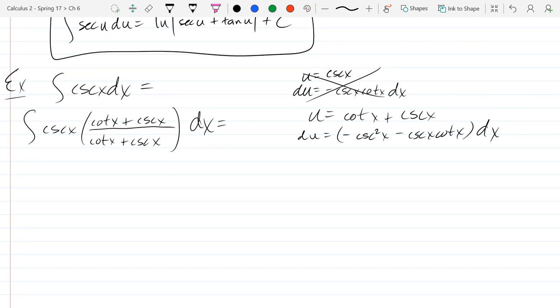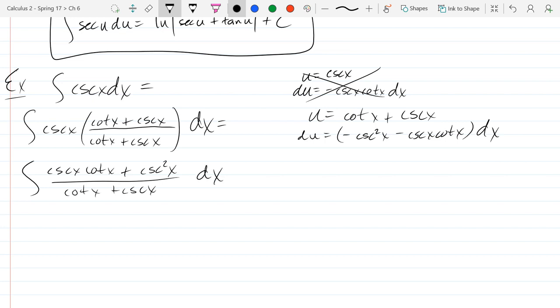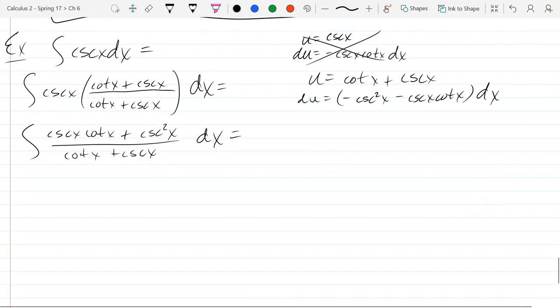I do see a cosecant. So if I distribute the numerator, we get cosecant cotangent plus cosecant cosecant, cosecant squared. I just rearranged with algebra, distributing in the numerator.